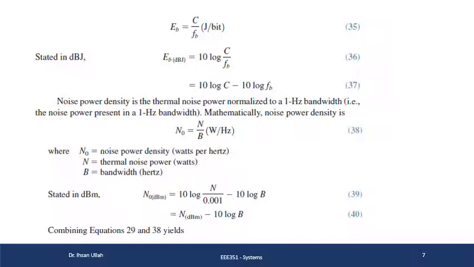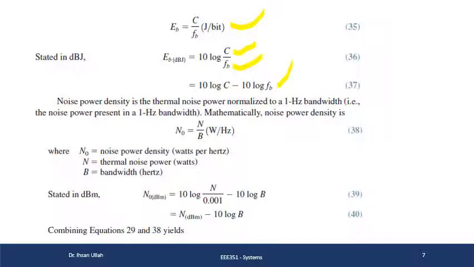So if you want to compute the energy per bit in relation to the bit rate, you can compute it as equation 36, which is 10 log of carrier power divided by the bit rate, or equivalently this expression.